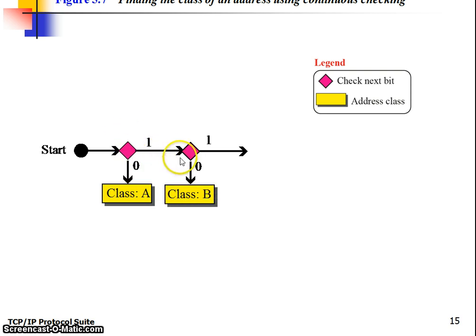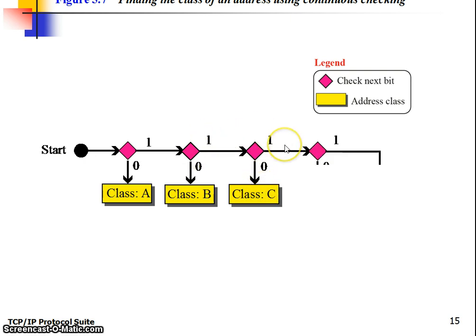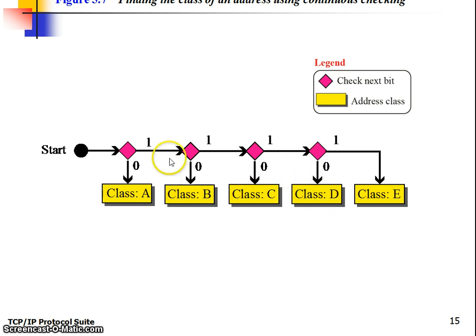If it is 1 and 0, then it will be class B. If it is 1, we will go to the next bit. 0, then it will be class C. If it is again 1, 1, 1, triple 1 and 0, it will be considered as a class D. And if not, 4 times 1 indicates class E.